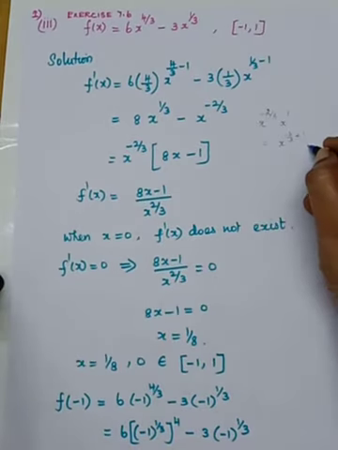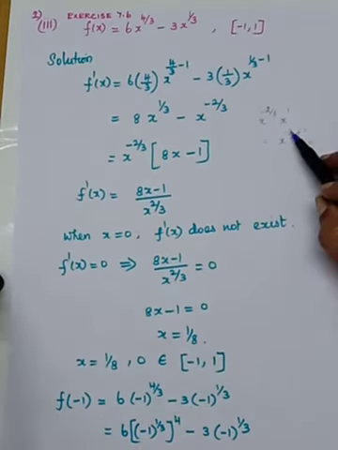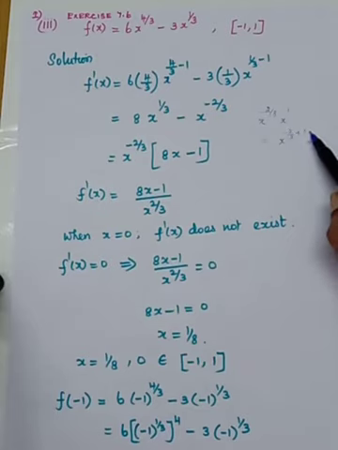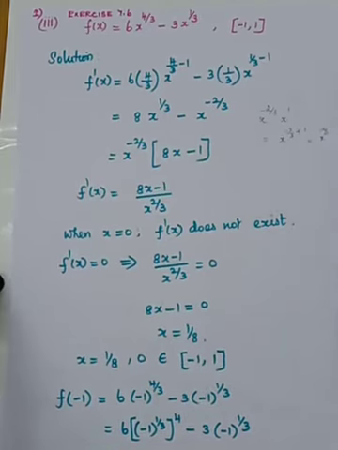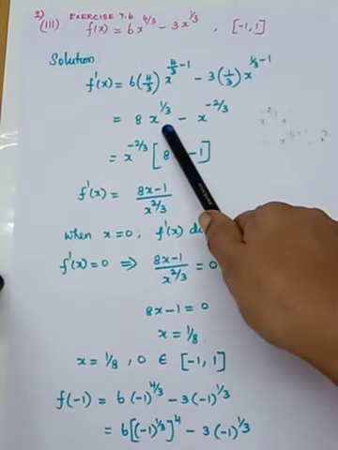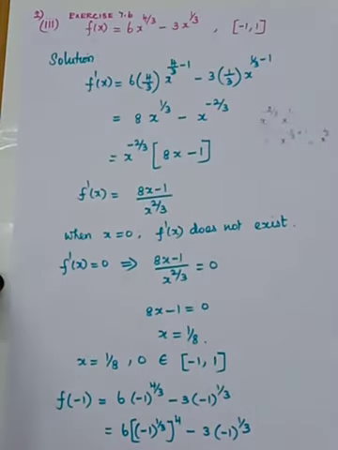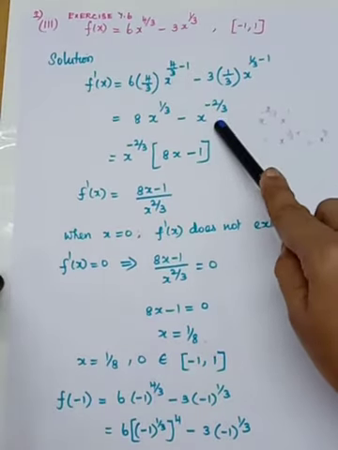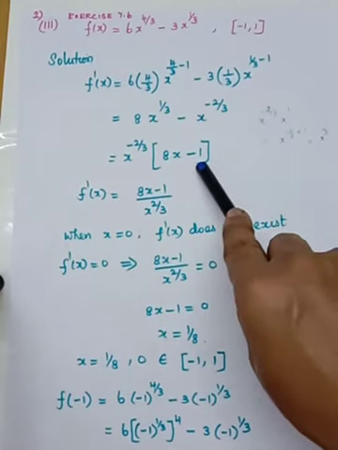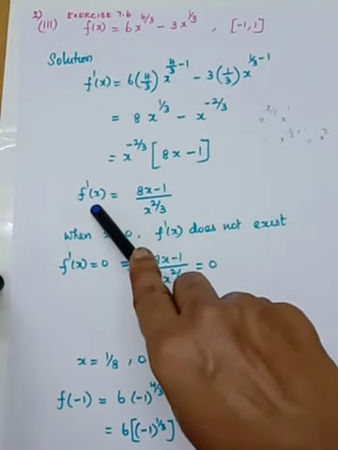If you take LCM 3, minus 2 plus 3 is 1. So, it is x power 1 by 3. From x power 1 by 3, if you take x power minus 2 by 3 outside, the remaining is x. Here you will have this whole term taken out. So, here you will have minus 1. So, this is your f dash of x.